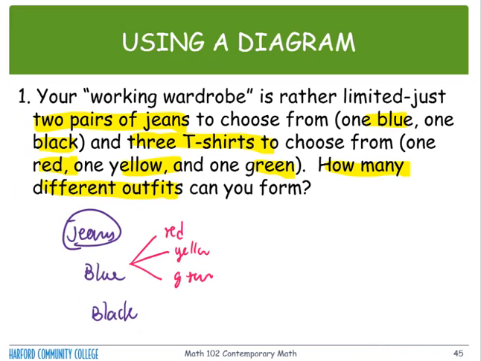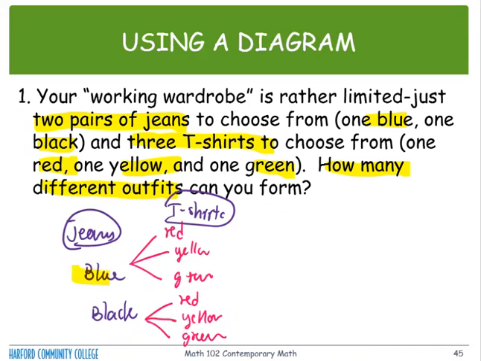So the second branch here would be the branch for the t-shirt group, where you have three options. And in a similar way, if you pick the other color, the black jeans, you still have the three options for the t-shirt.